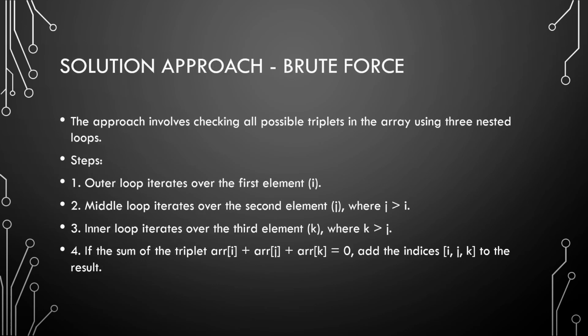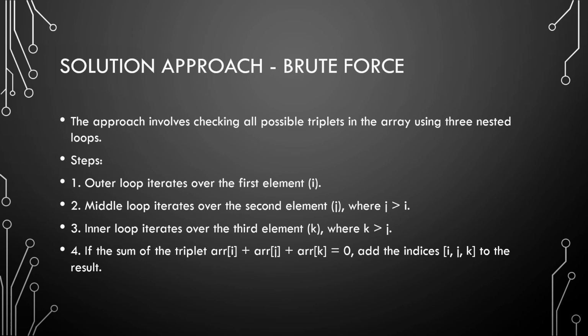Now let's look at the brute force solution. This approach involves checking all possible triplets in the array using 3 nested loops. Here's how the approach works. The outer loop picks the first element of the triplet. The middle loop picks the second element, ensuring the second element comes after the first.